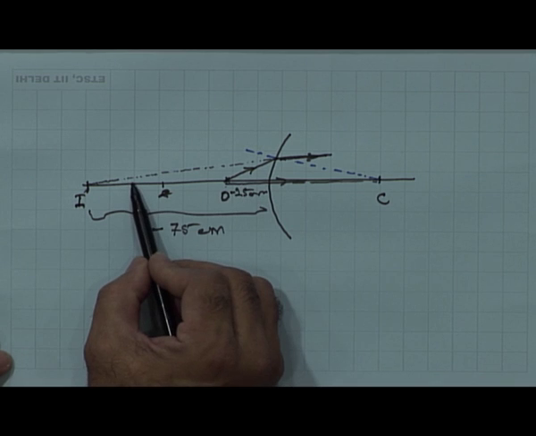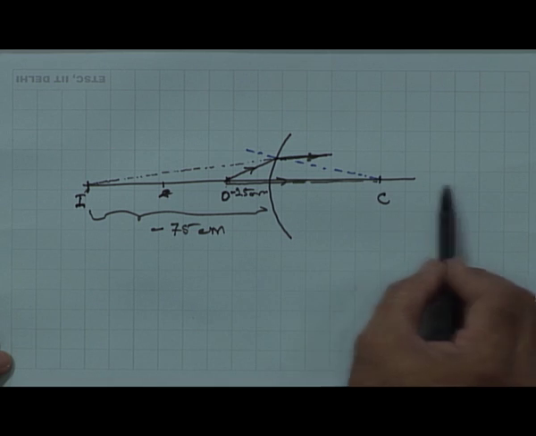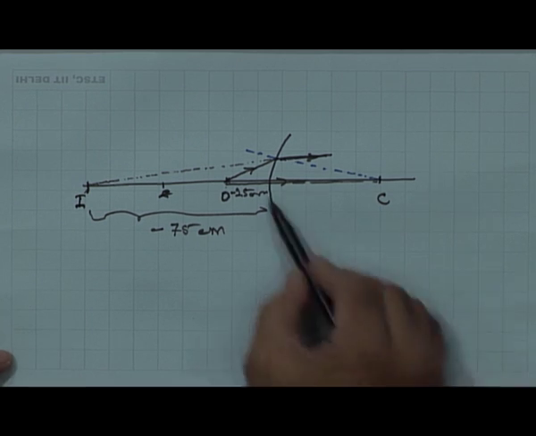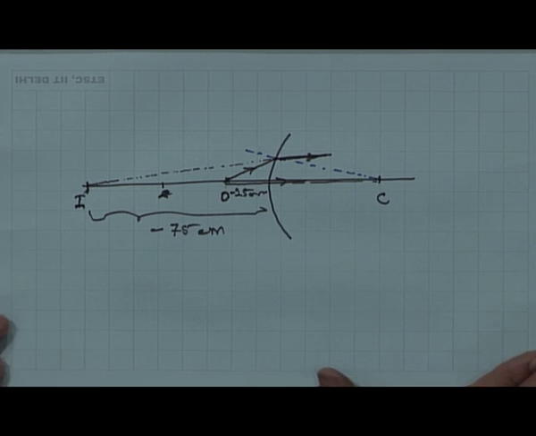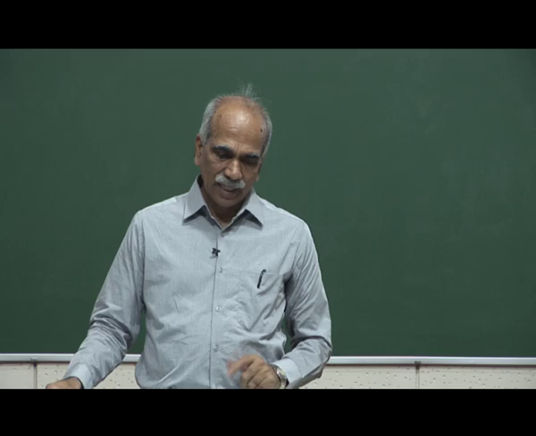If the object were a little bit further off, it would have been incident and refracted and intersected with the axis somewhere here. So, you would have got a positive image distance in that case. So, depending on the position of the object, we will have the position of the image for the same spherical surface. That is why I have picked up those two simple examples.